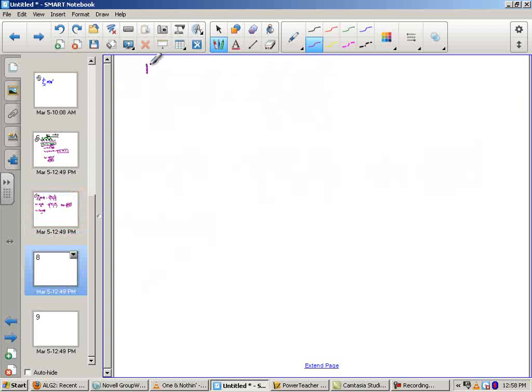When we switch over to 12.3, we switch the type of sequence that we're dealing with. Now we're going to be dealing with geometric sequences. And in 12.3, we're going to look together at problem number 18.